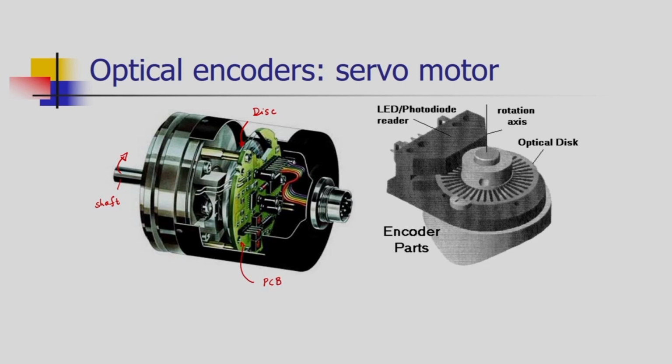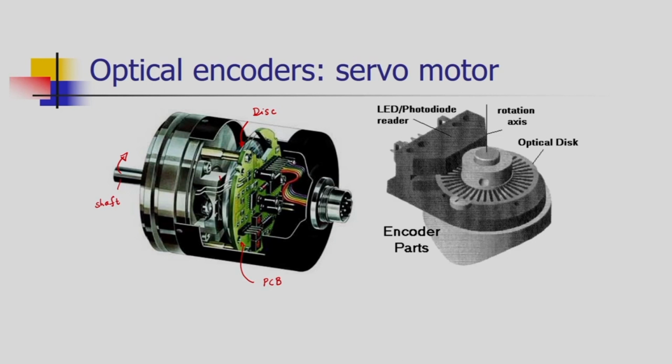Lot of electrical connections you can see over here. There is a light source which is mounted at this location, and there are receptors which are mounted on the PCB drive. So the PCB drive is fixed to the casing of the shaft.